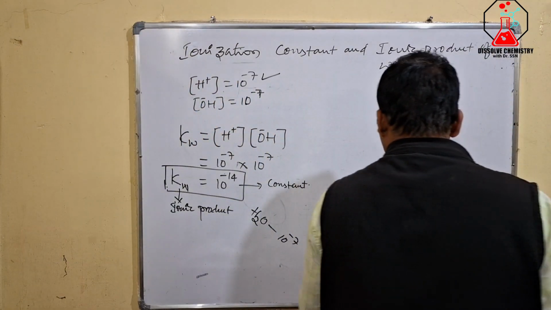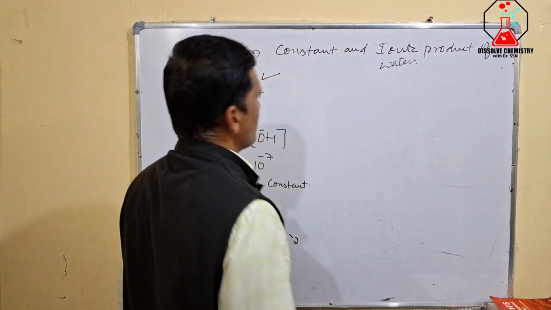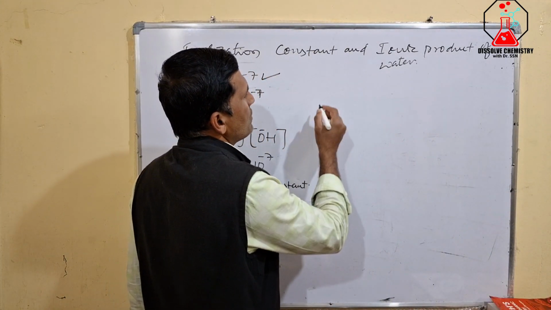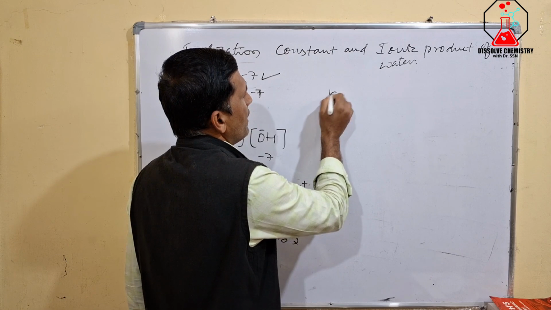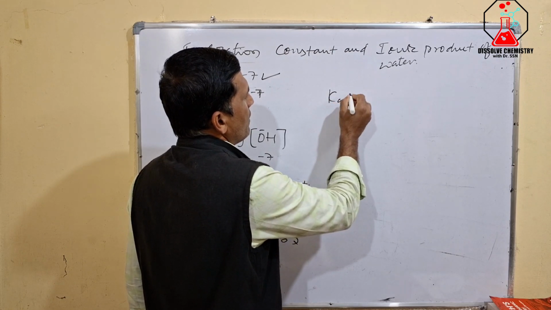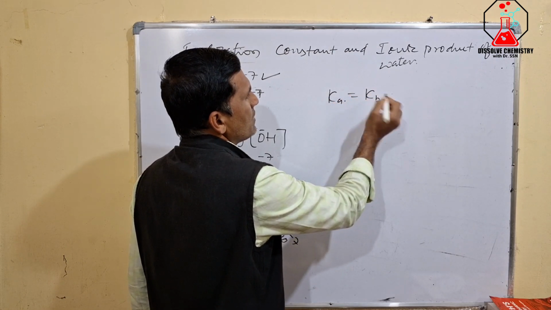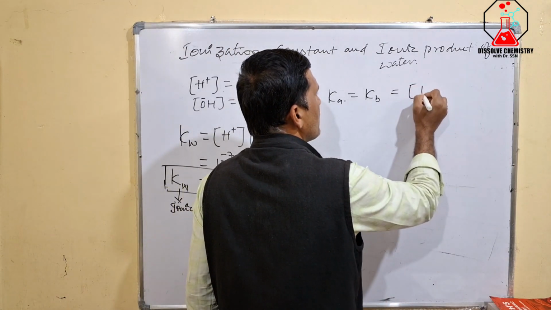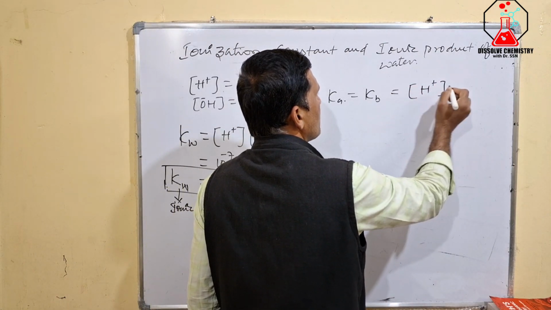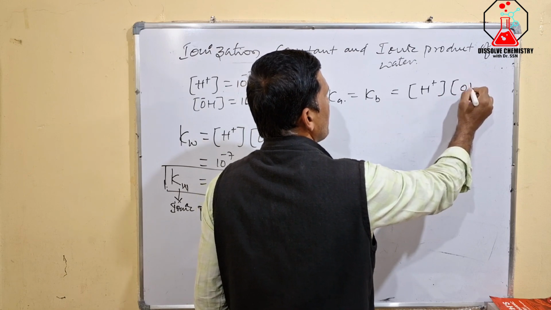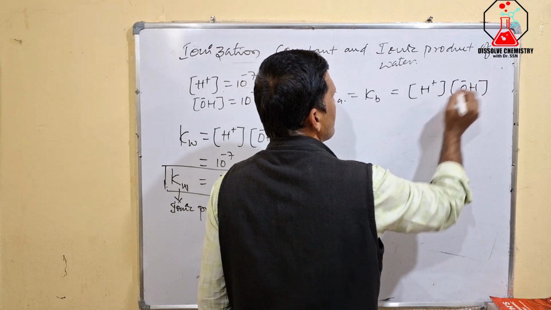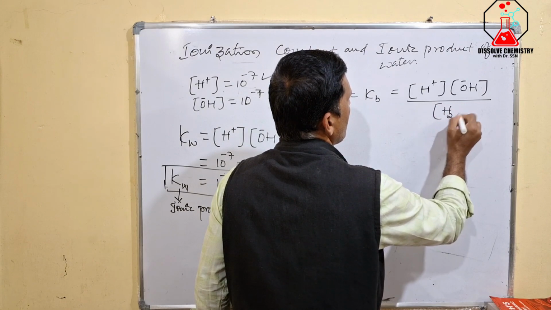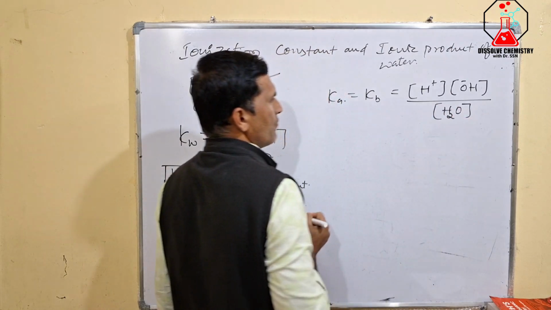As it is acting as both acid as well as base, the dissociation constant Ka, which is equal to dissociation constant Kb, in turn is equal to what? H plus times OH minus divided by the undissociated form, that is water.